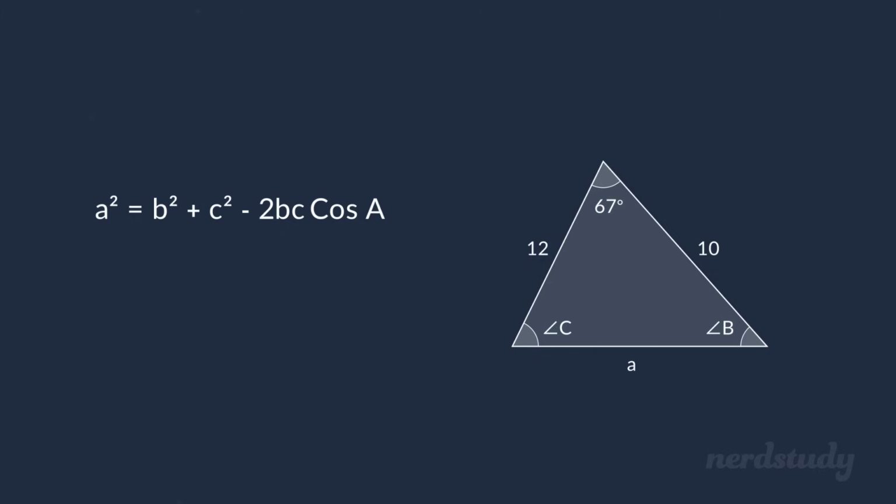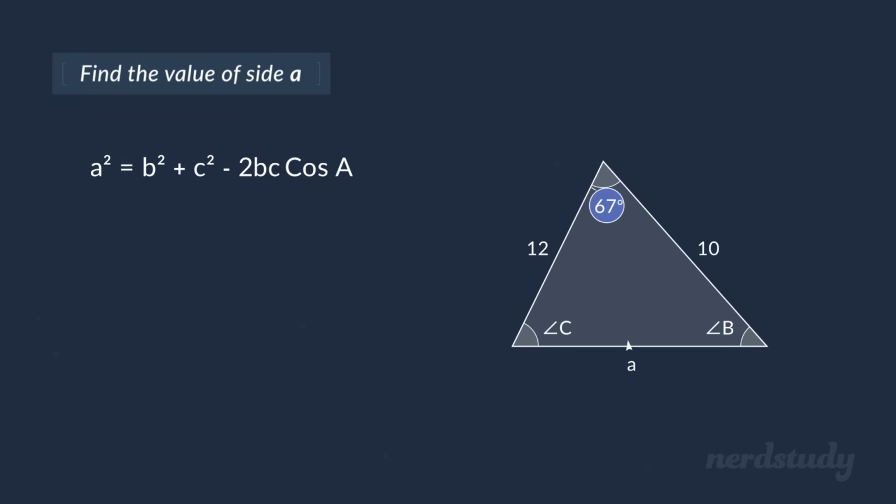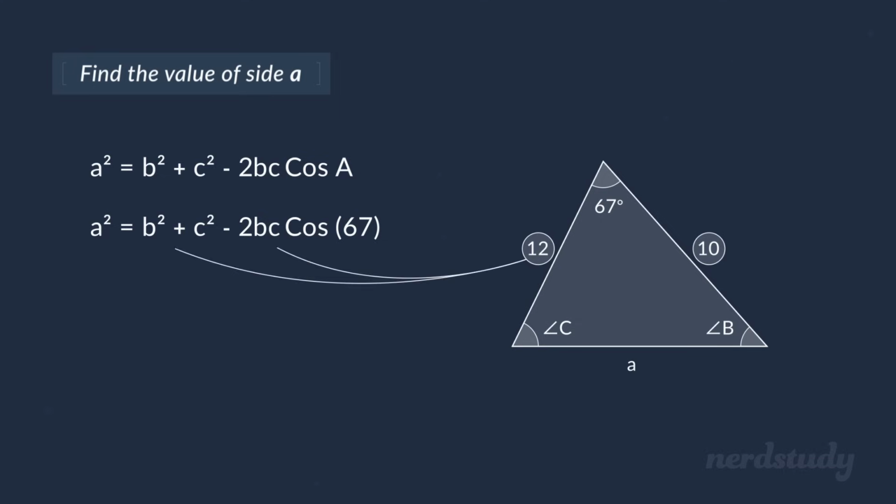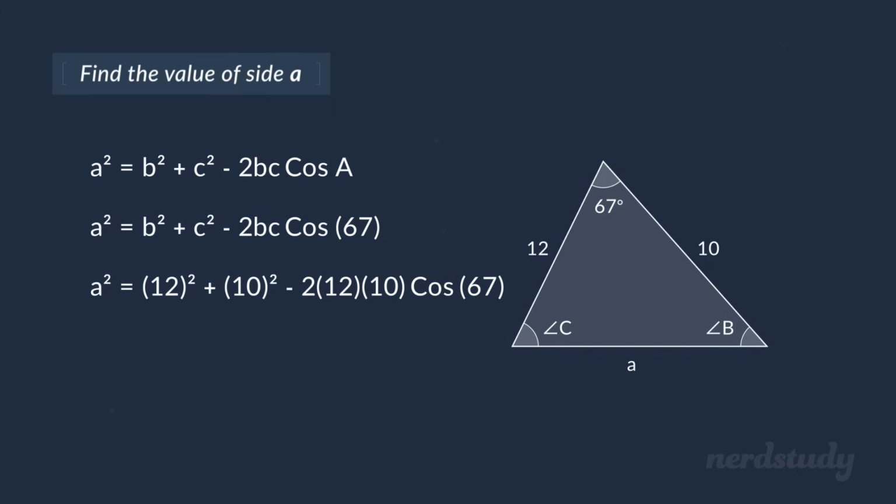Alright, so since our objective here is to find the value of A, we need to start by plugging in the angle opposite to A, which is 67 degrees, into the cosine of A, and we'd get cosine of 67 degrees here. Now, we still have B and C to fill in, and since we have the information to the two sides besides this angle, we can plug 12 and 10 into the B's and C's here, and we'd get the following.